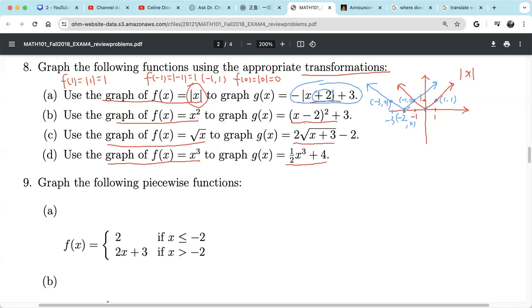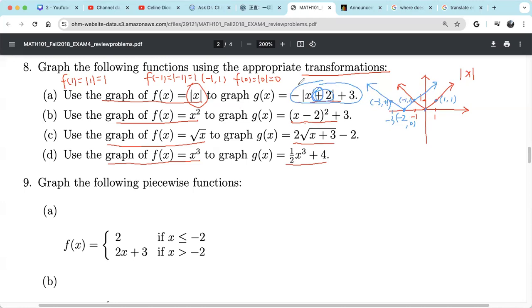Working with these 3 points, each one we subtract 2 from the x value, because we're pushing the graph to the left. Even though this is a plus, don't get confused with this plus sign, all right? We're pushing to the left. So this is a horizontal shifting.